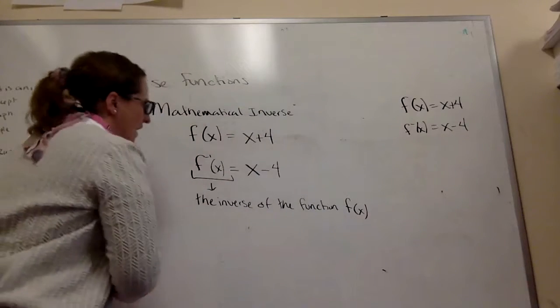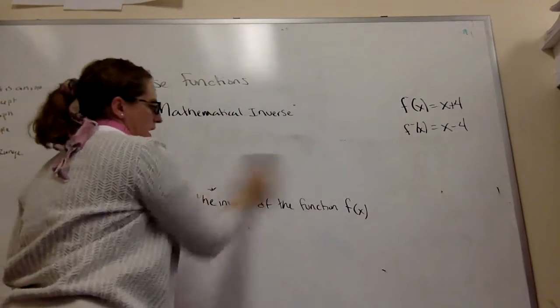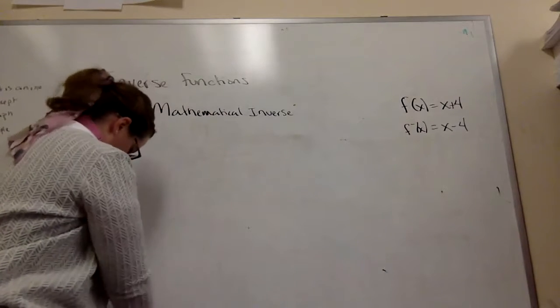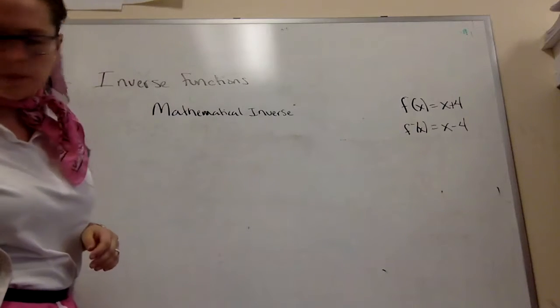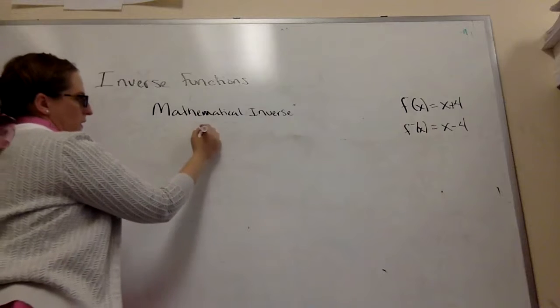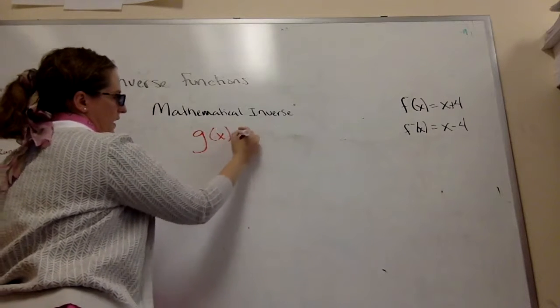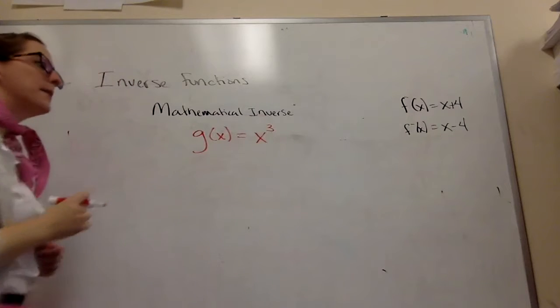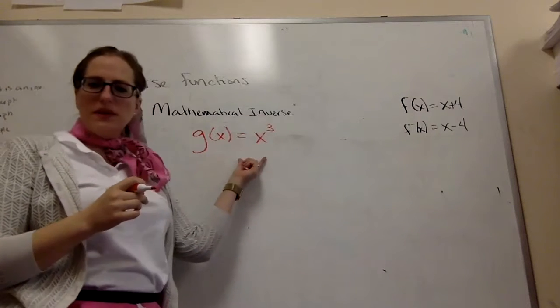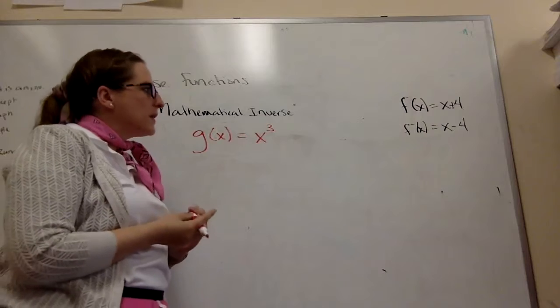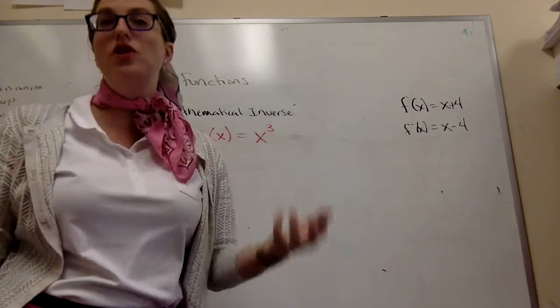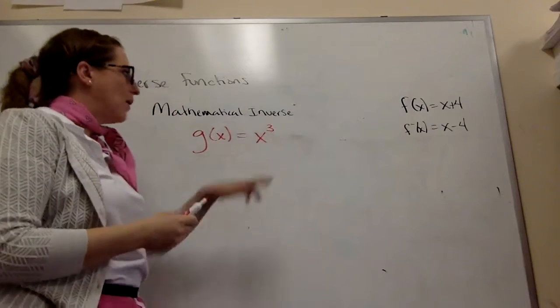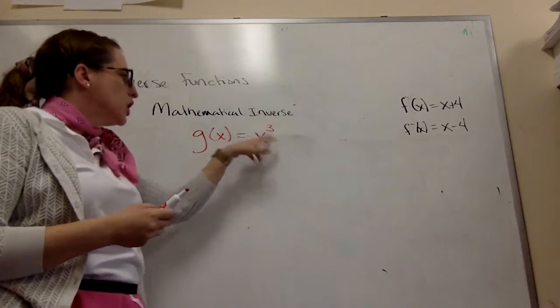Let's pull another function up here and see if we can come up with its inverse. Let's say I start with the function g of x equals x cubed. G of x equals x cubed is a nice function. Now remember that an inverse is an undoing action, so we're thinking about what undoes cubing.